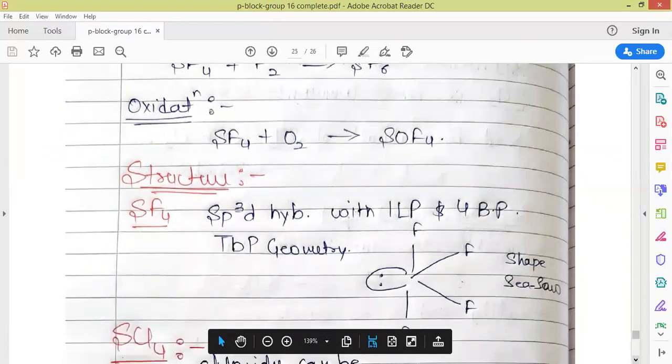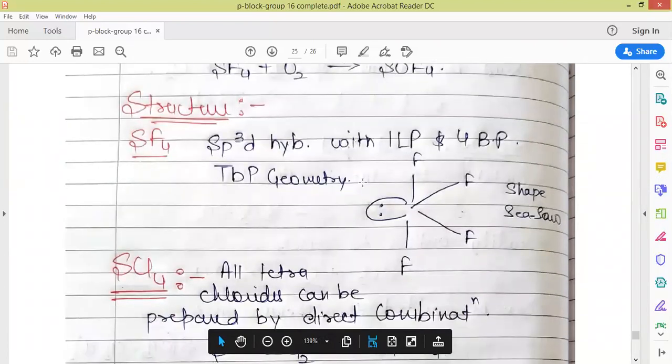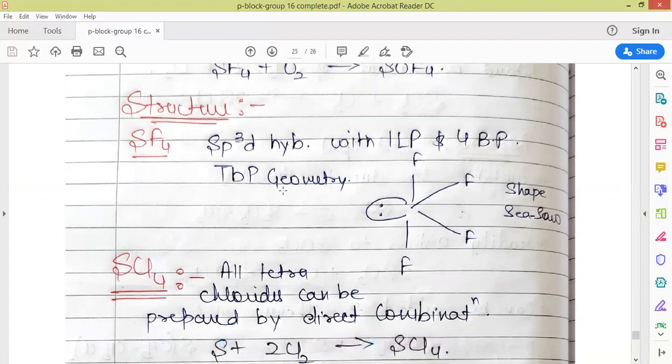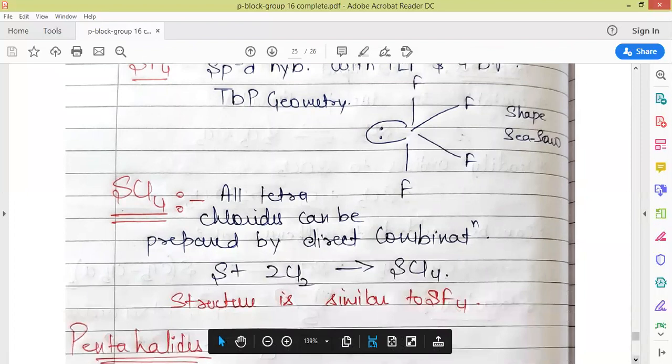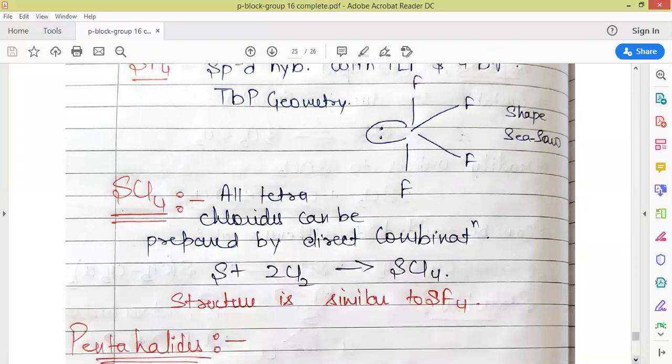Now coming to the structure, it is sp3d hybridization. The geometry is TBP, that is trigonal bipyramidal, with a seesaw shaped molecule with 1 lone pair.